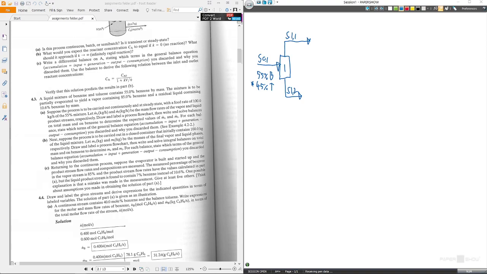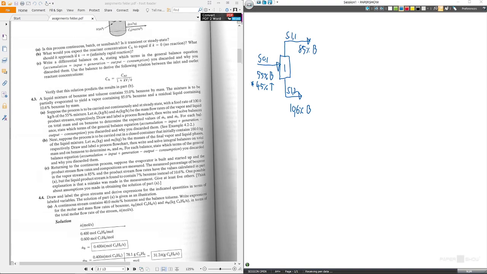We are told in our vapor phase we have 85% of benzene, so that would be our stream 11. So we have 85% of benzene in that stream. And we're being told in our bottom stream we have 10.6% of benzene as well.